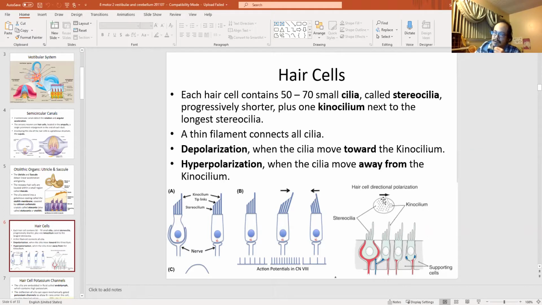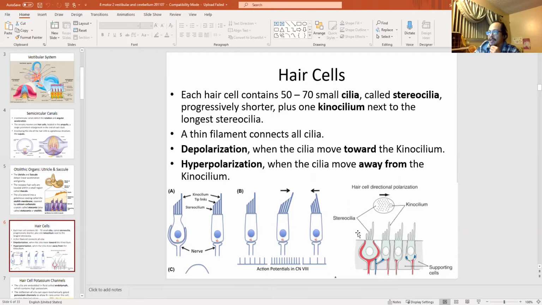Or if we see from the top down, we can see kinocilia is on one side and the other stereocilia are from the tallest to the shortest, like that. So totally, each cell has about 50 to 70 cilia, one kinocilia, the others are stereocilia.